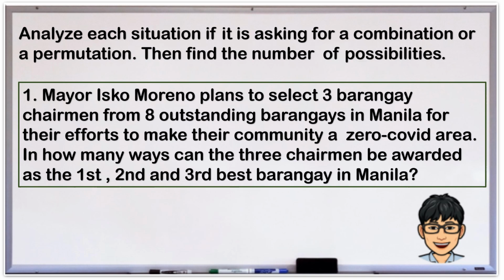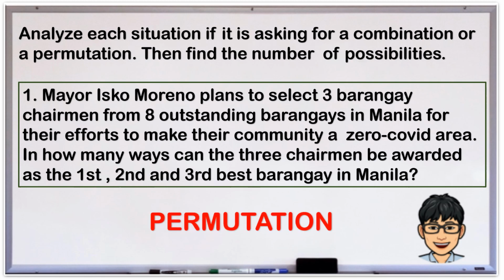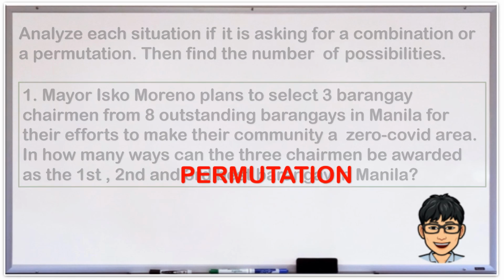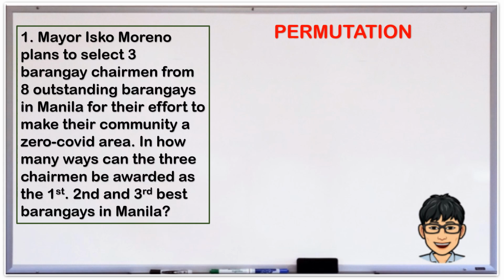Sa palagay ninyo, ito ba ay combination or a permutation? Kung ang tingin ninyo, ito ay isang problem about permutation, then you are correct. To solve this problem, we have n is equal to 8 and r is equal to 3.